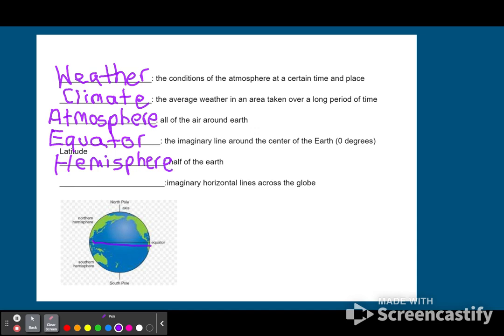I'm just going to finish it. There we go. Then the imaginary lines across the globe, and that's the horizontal ones, are going to be latitude. And we focus specifically on the latitude 0 degrees, which is the equator. Perfect.